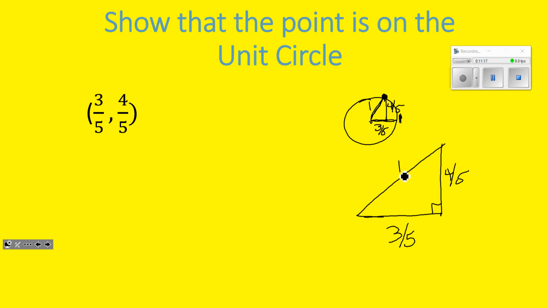So do you know what we can use to prove that it could be equal to 1? I heard it. The Pythagorean theorem. What's the Pythagorean theorem? A squared plus b squared is equal to c squared, which is very similar to what I just gave you on the unit circle. X squared plus y squared is equal to 1 squared, which is 1.